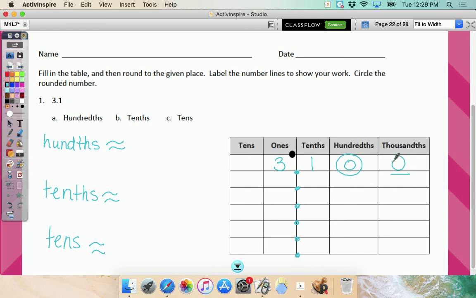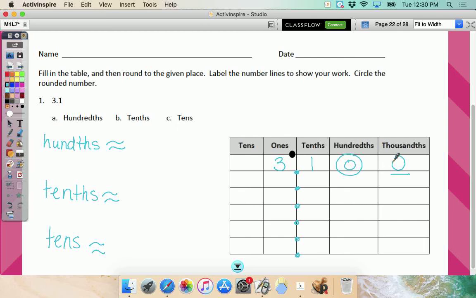Now the only time I could think of that you have to take things out to the hundredths place, when you're running in a race, they almost always have 2 digits, the tenths and the hundredths, okay? And a stopwatch, yeah, in the Olympics, because they want to get it exact, okay?